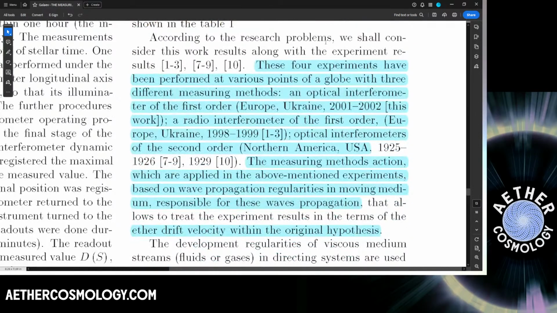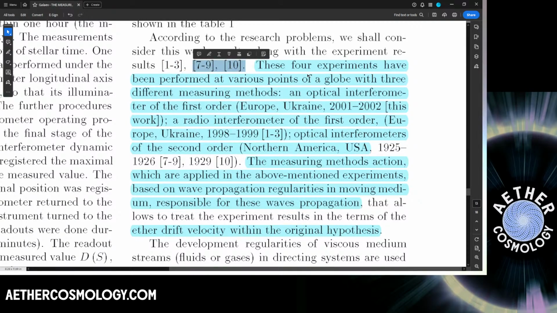According to the research problems, we shall consider the work results along with the experimental results of Miller from Michelson's at Cleveland and Miller at Mount Wilson.